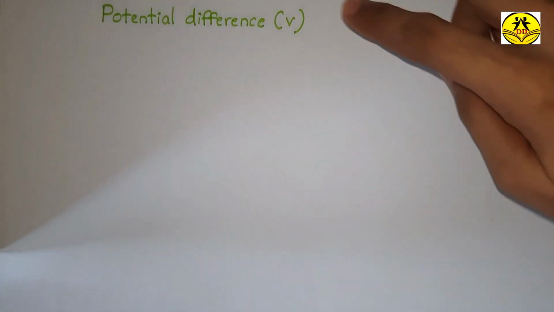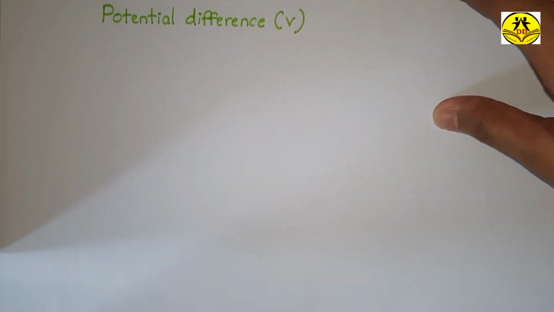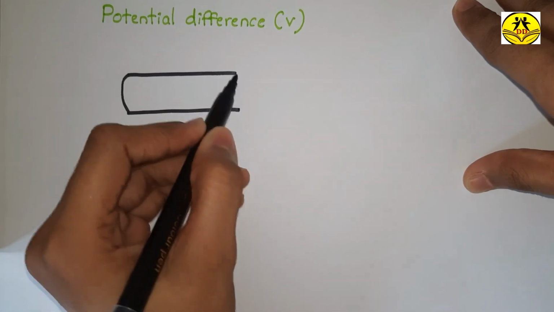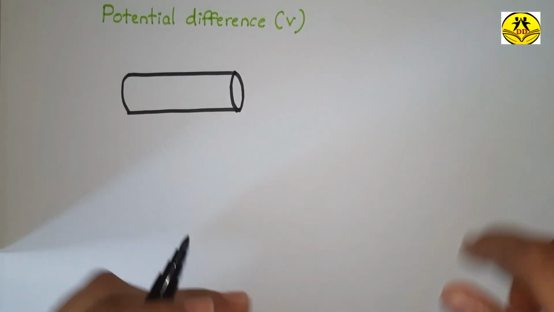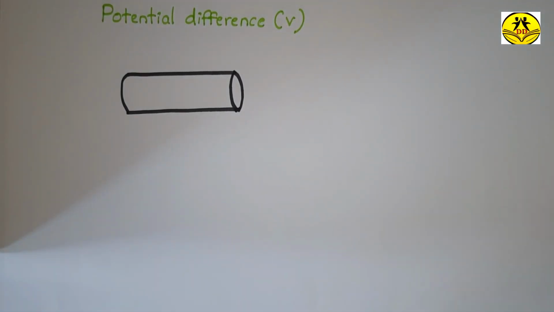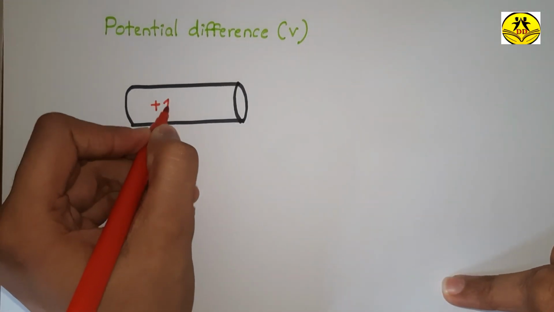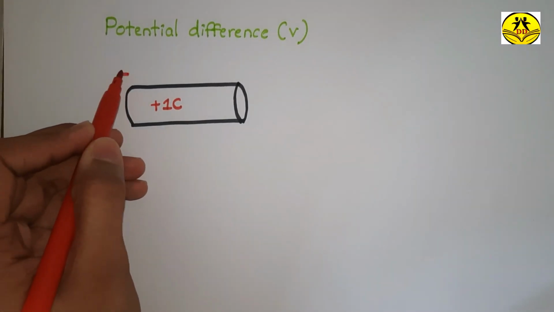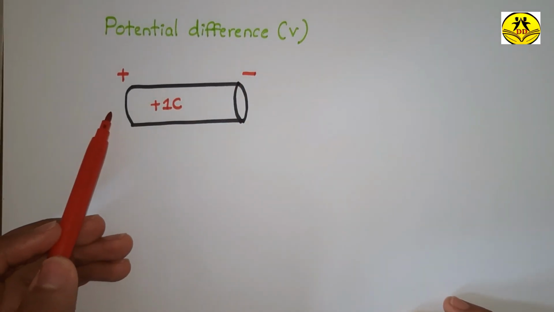Now let's define potential difference. What is potential difference between the terminals of a conductor? If we consider a conductor like this, the potential difference between the terminals of this conductor is the work done by the electric forces that is used to move a +1 Coulomb charge, meaning a unit charge, from one end of the conductor to the other end.